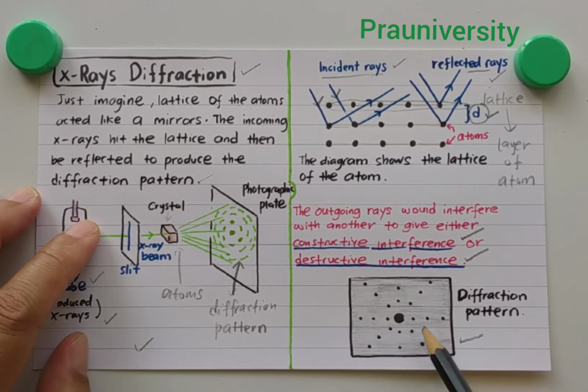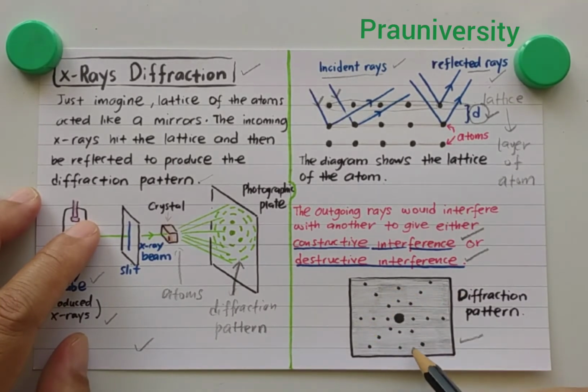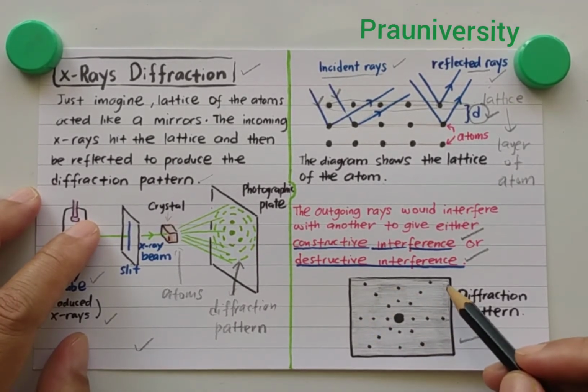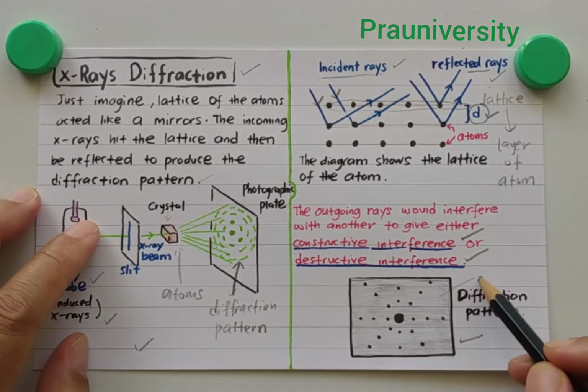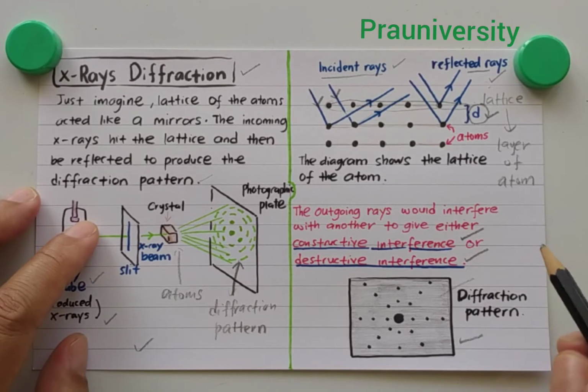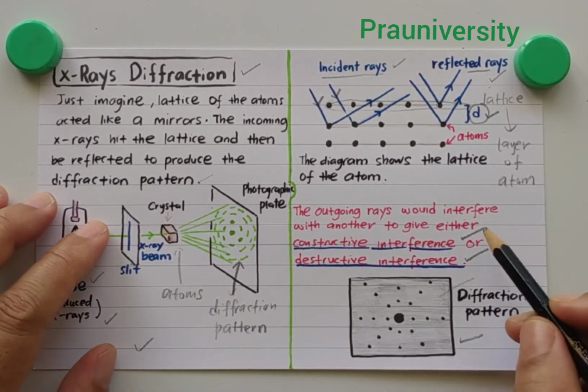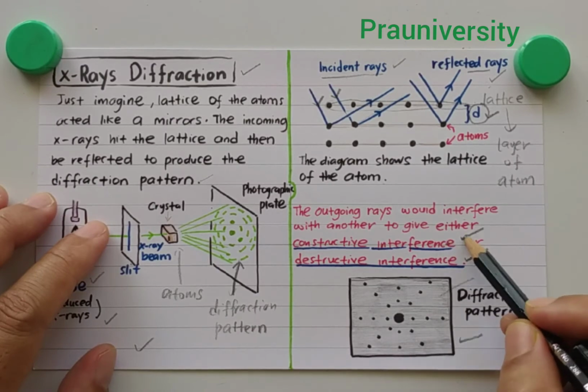We have black dot, black dot, black dot, black dot, and that is constructive interference, and the other one is destructive interference. But for our lesson today, we just need to understand constructive interference.